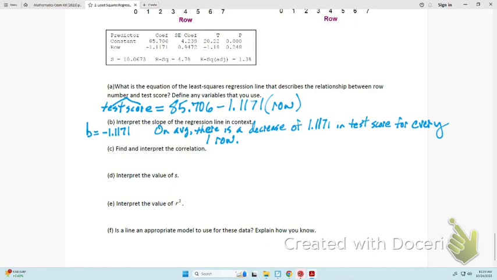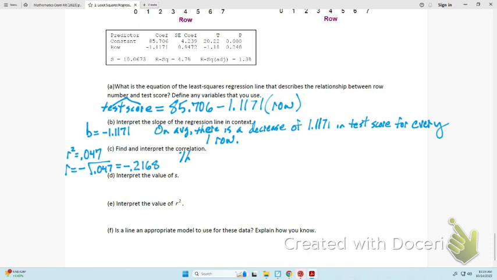Correlation, be very careful. First of all, R squared is 0.047, so be careful with that. And when we square root it, it's negative. Notice the slope is negative, so is R. So we should get negative 0.2168.